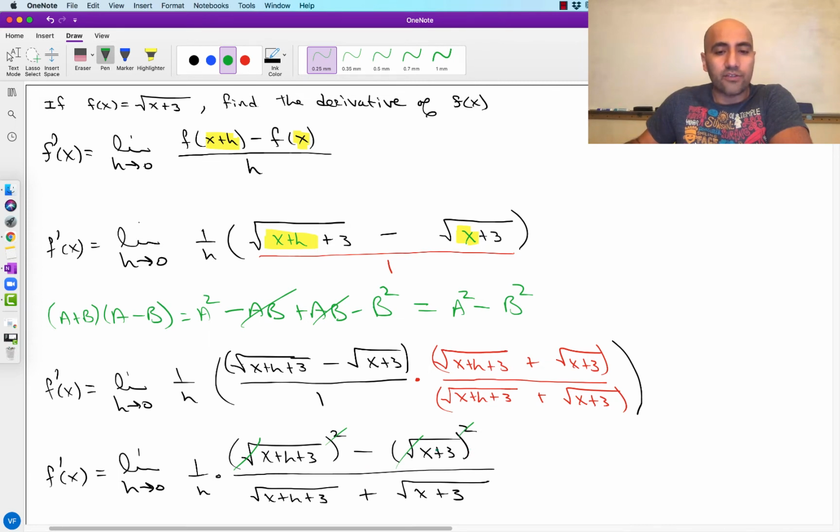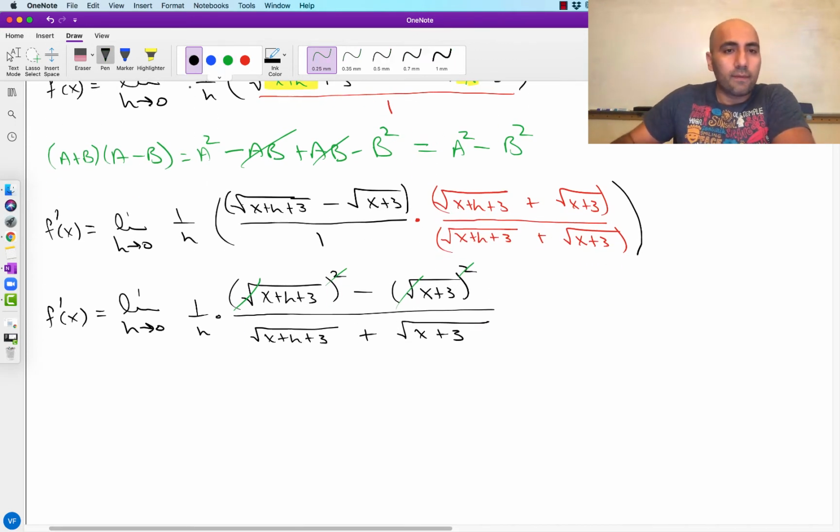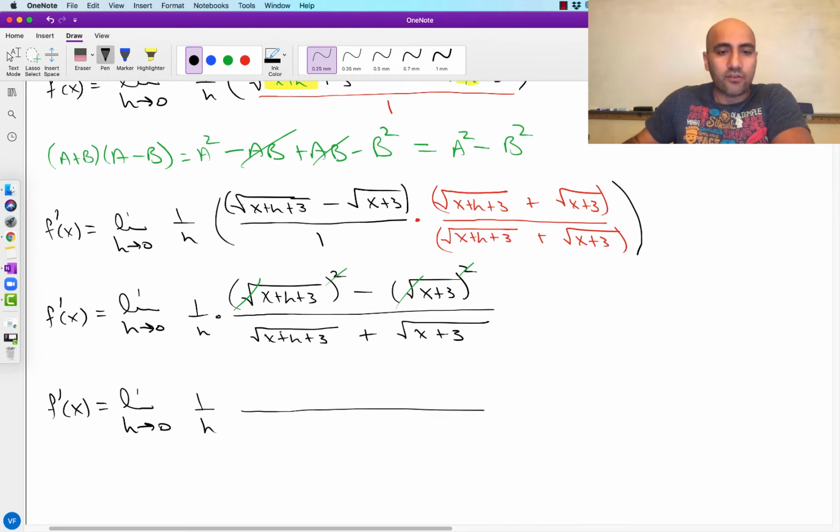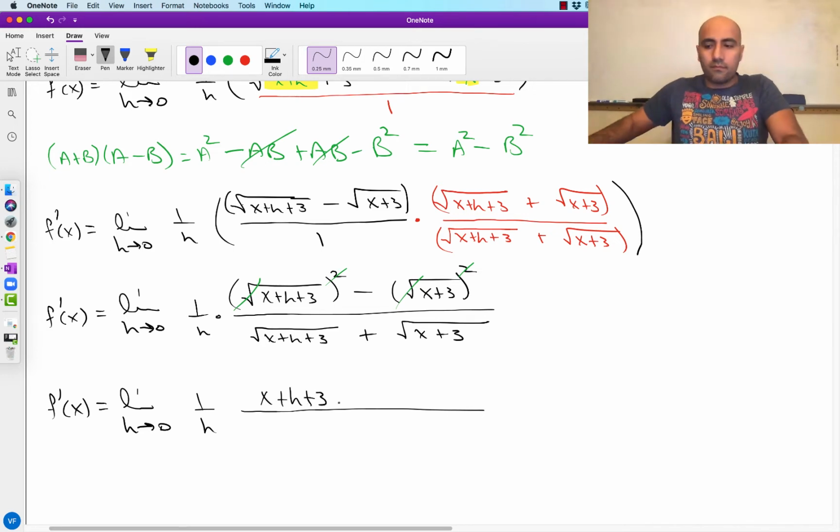They're inverse operations, leaving the value of our function. So this turns out to be the limit as h goes to 0 of 1 over h, a giant fraction where we'll have the x plus h plus 3.